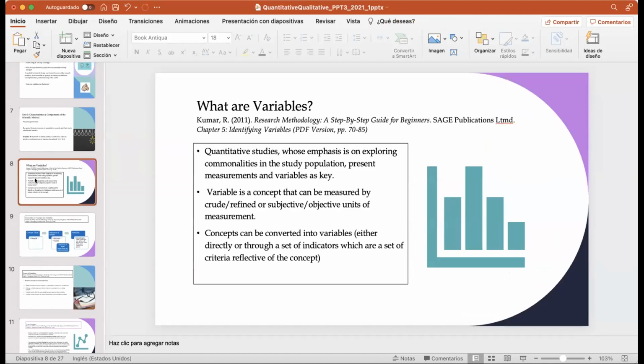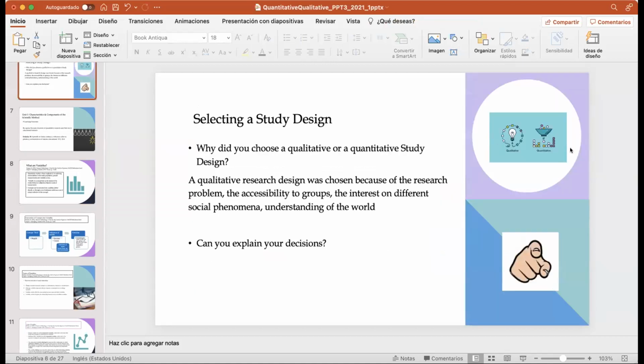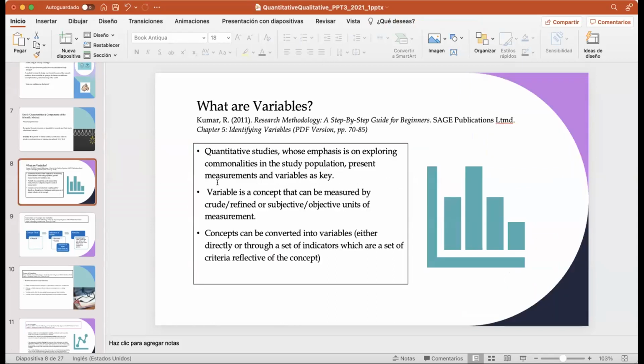Why? Because quantitative studies have an emphasis on exploring commonalities. And that's why you see that here you have a circle design, whereas here you have a square and everything organized according to different colors. Because quantitative designs try to find out about commonalities.